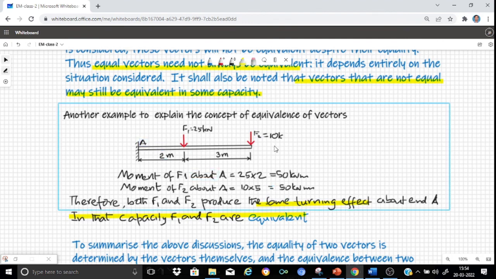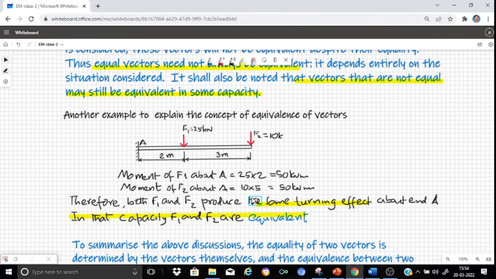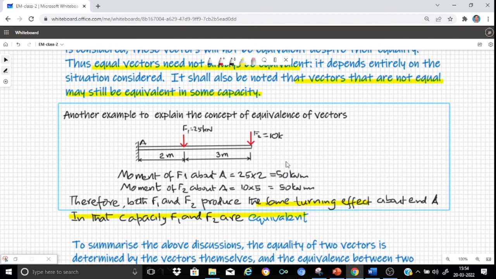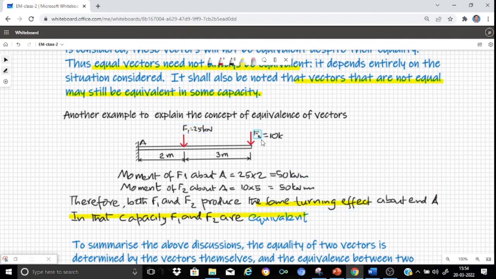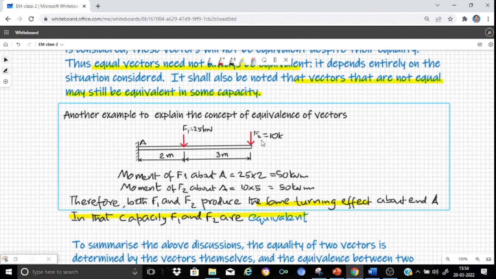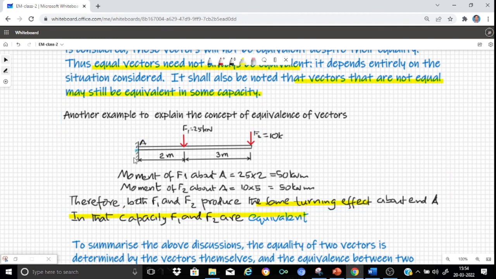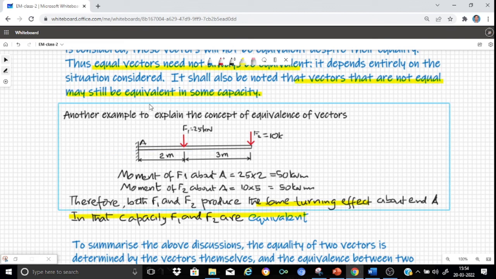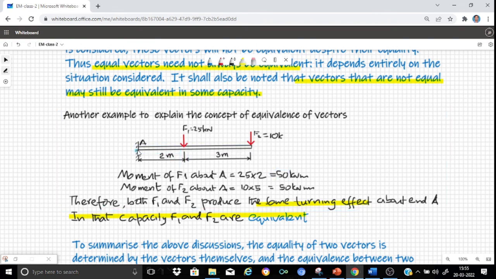It is nothing but 10, the magnitude of the force, multiplied by the distance, that is 2 plus 3, 5, that is 50 kilonewton meter. It does mean that though F1 and F2 are unequal vectors, they produce the same turning effect about the point A, which means that in this case, though the vectors are not equal, they are still equivalent as far as the turning effect they produce about the point A is concerned.